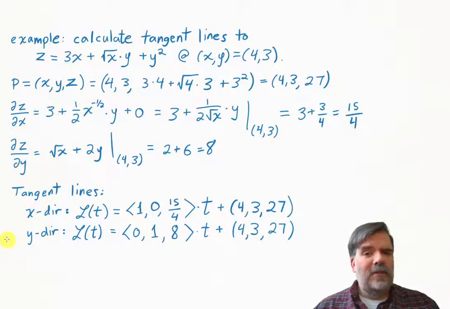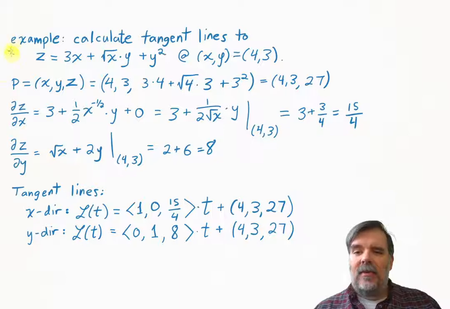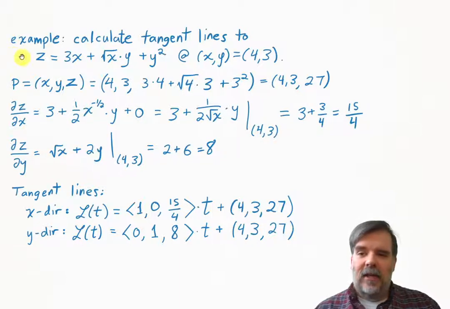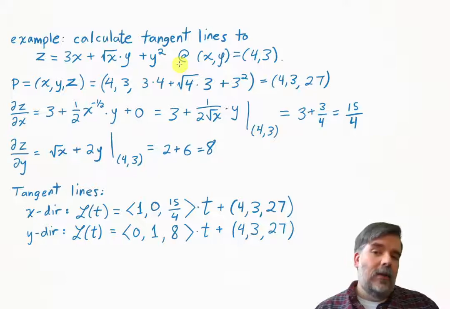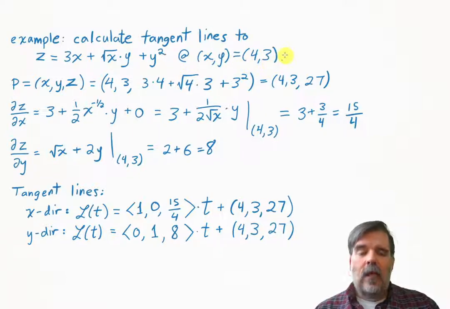Let's do another example. Let's say we want to calculate these two tangent lines to this function. The function z equals 3x plus the square root of x times y plus y squared. And let's assume we'd like to calculate that at the point x, y equals 4, 3. First, let's figure out the point which will lie on both of these lines.